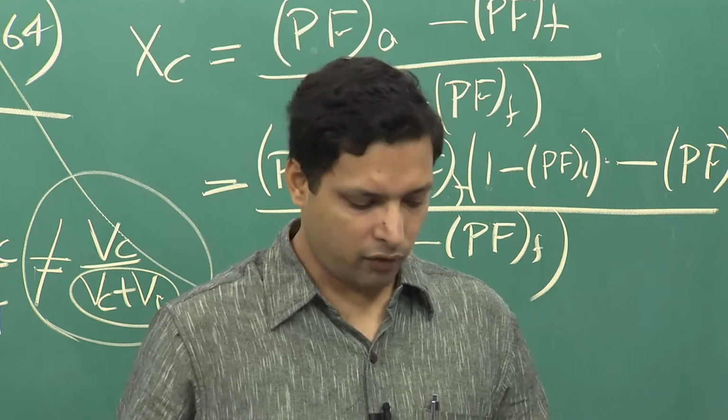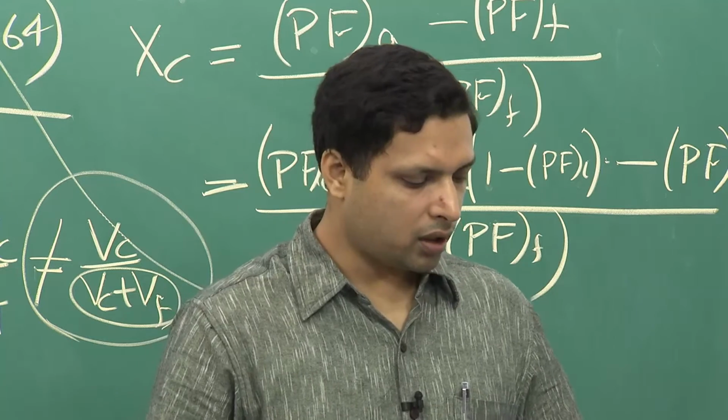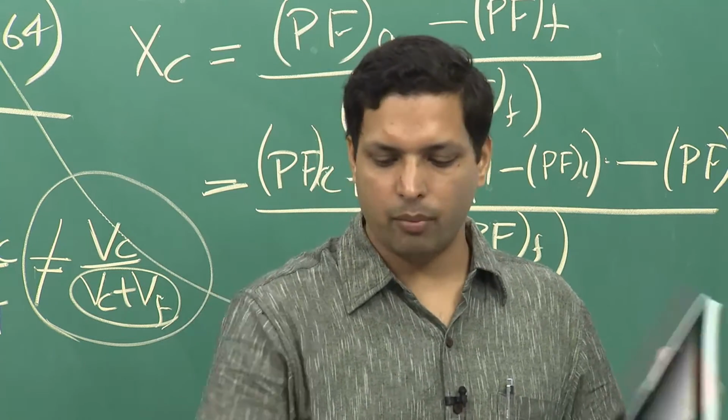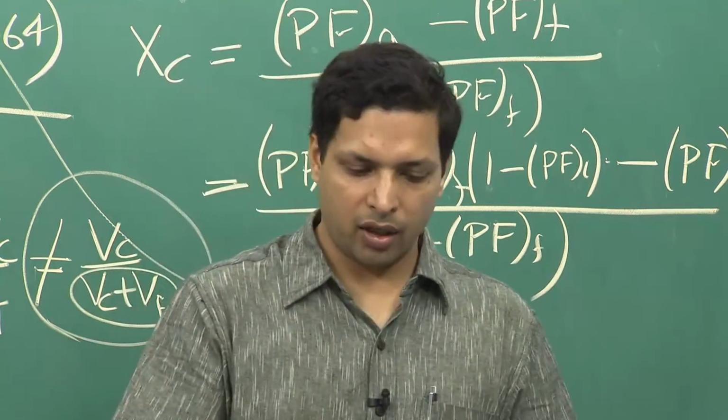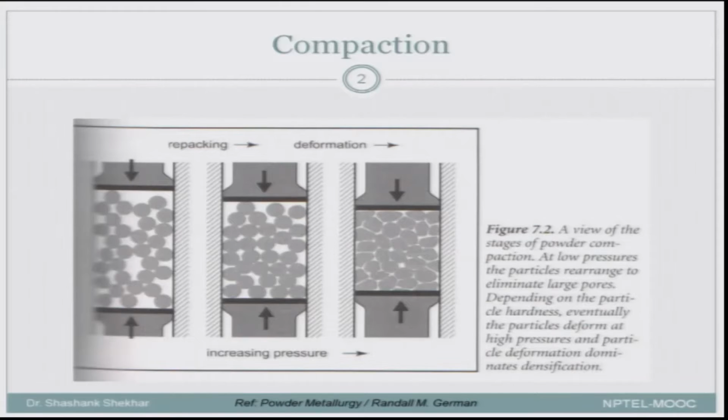So, if we were to look at how the relative density will vary with compaction pressure, keeping in mind the picture that we have shown, that there are at least two steps, one of repacking and another of deformation, this is how our plot would look.